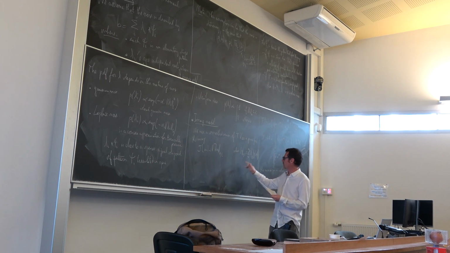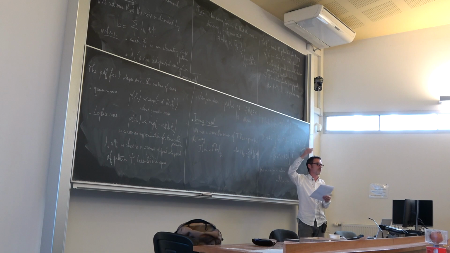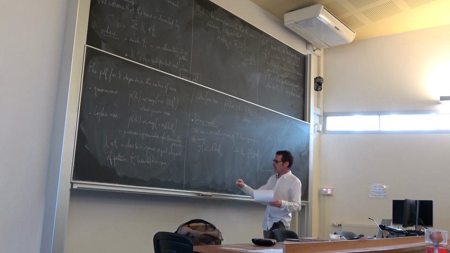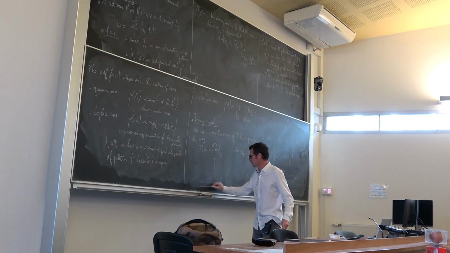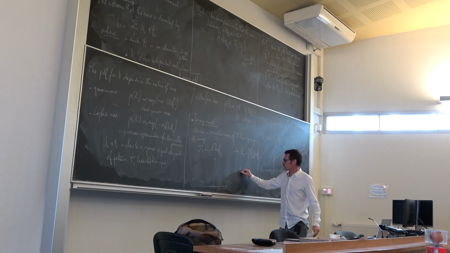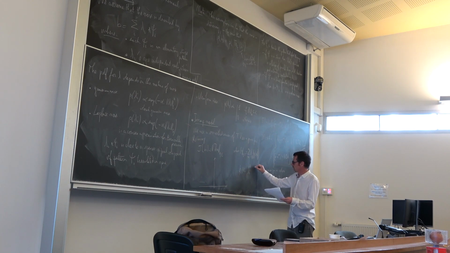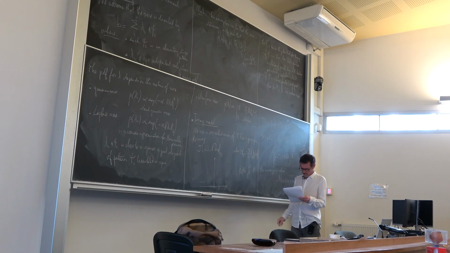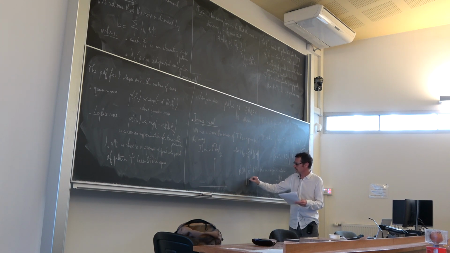And phi_epsilon is a smoothed version of the absolute value. Phi_epsilon of t is t squared divided by 2 epsilon if t is smaller than epsilon, and it is t otherwise.